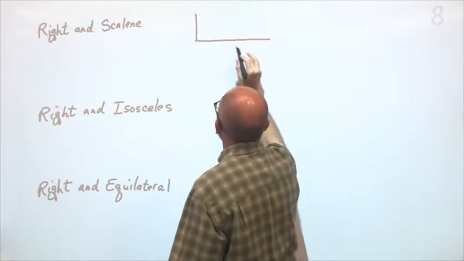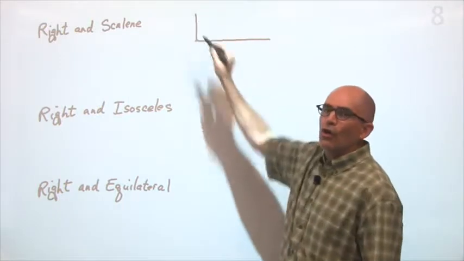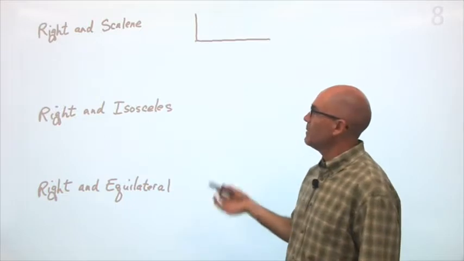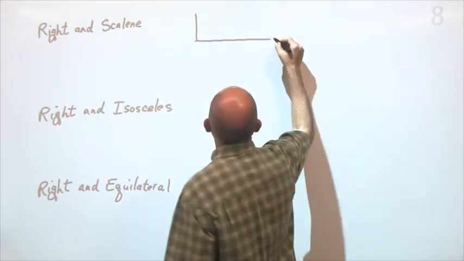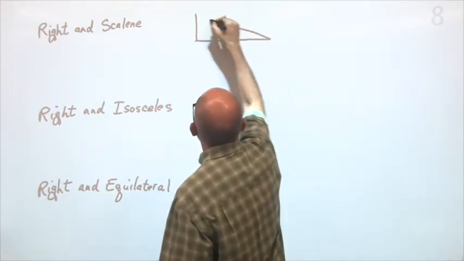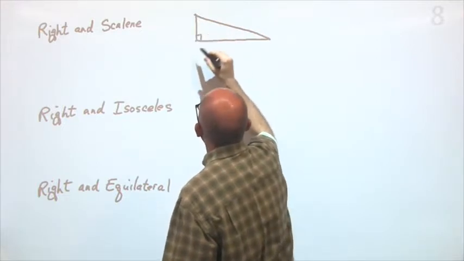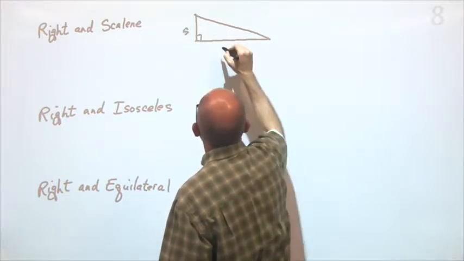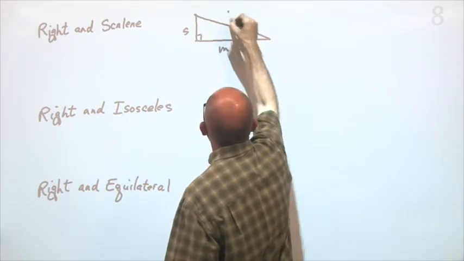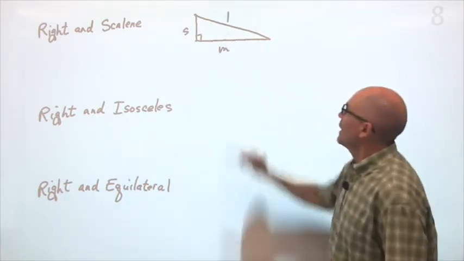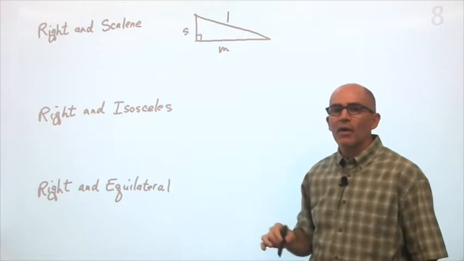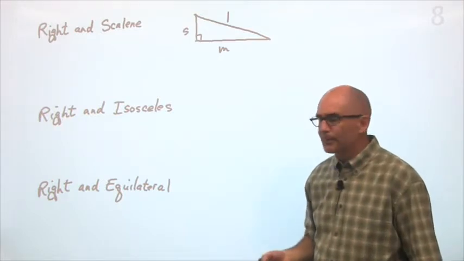I'm making the bottom side longer than the left side because it's got to be scalene. And now when I draw the hypotenuse here, we have our right angle, and I have my short, medium, and long side. So there's a right triangle that's also a scalene triangle.